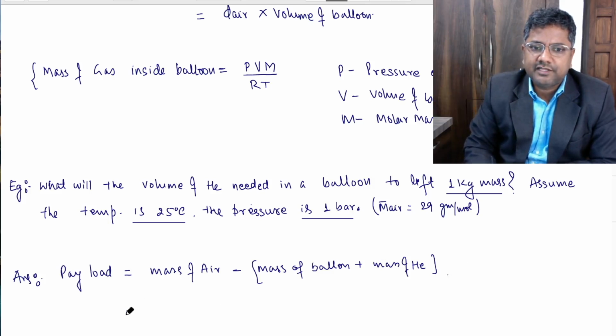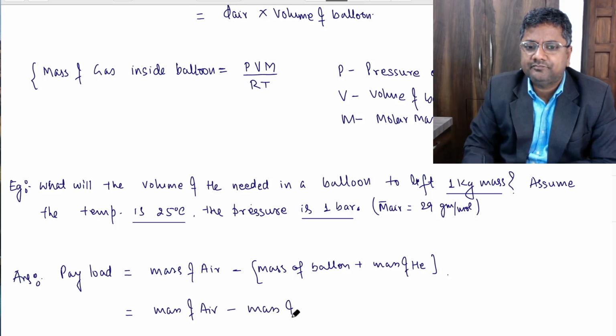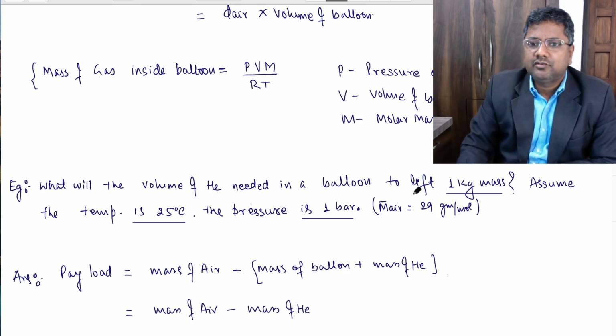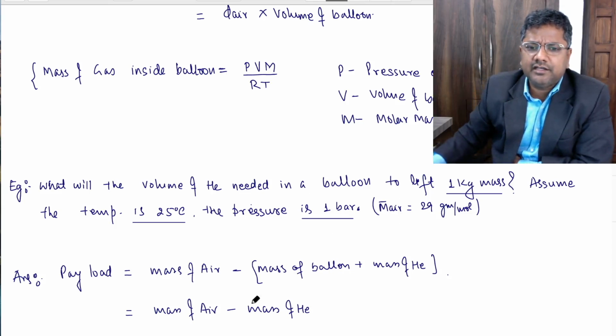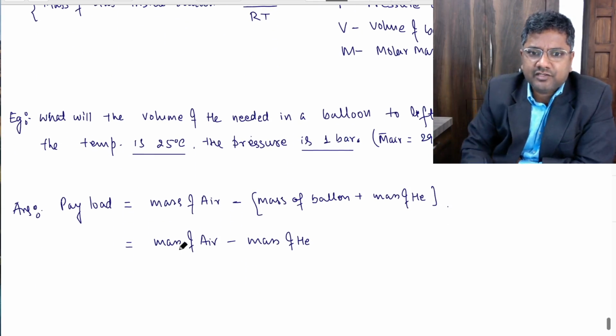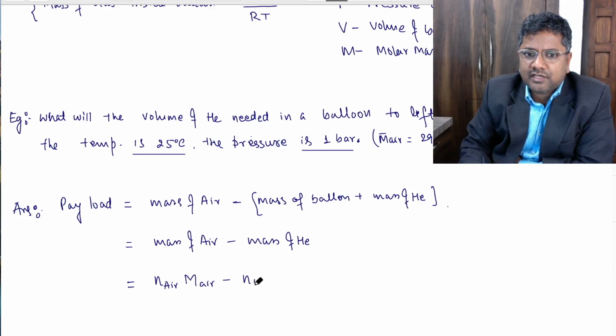So this is basically mass of air minus mass of helium. Neither density is given here, nothing is given, so we can modify our approach of calculation. Mass of air is equal to moles of air into molar mass of air, minus moles of helium into molar mass of helium. We can use this.